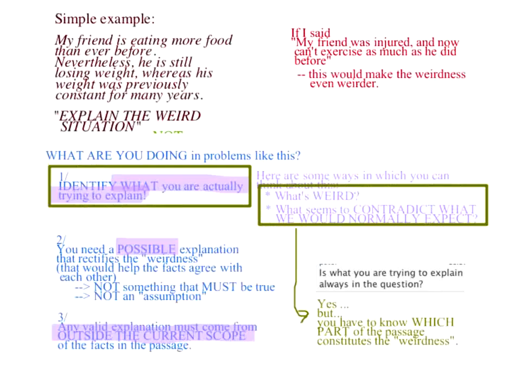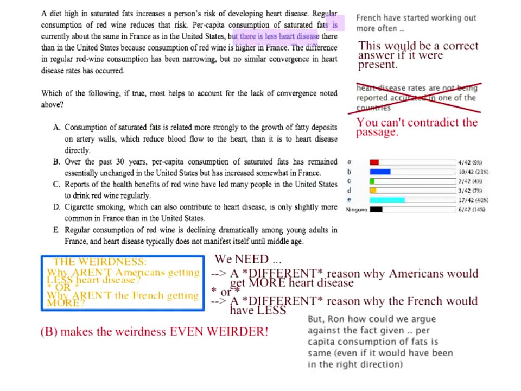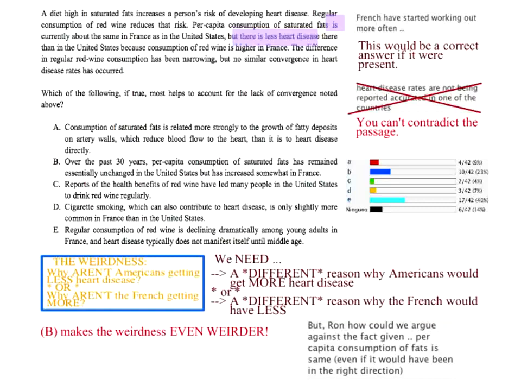So the question here, let's go back to the passage we were looking at. This is not a contradiction. I think, Abhishek, I think you're trying to say that B contradicts the passage, and it doesn't. Because the passage just says that right now, these levels are about the same.